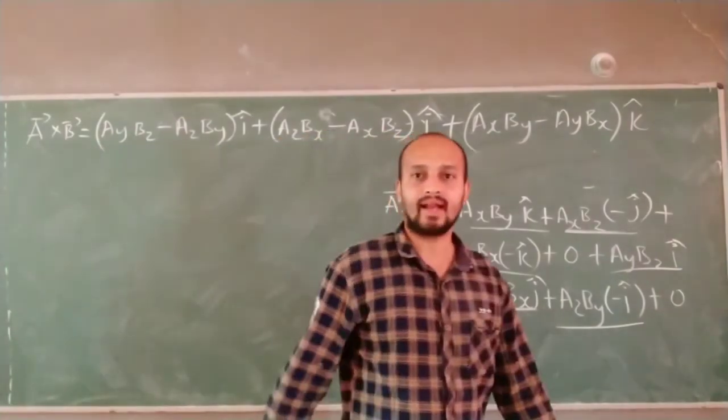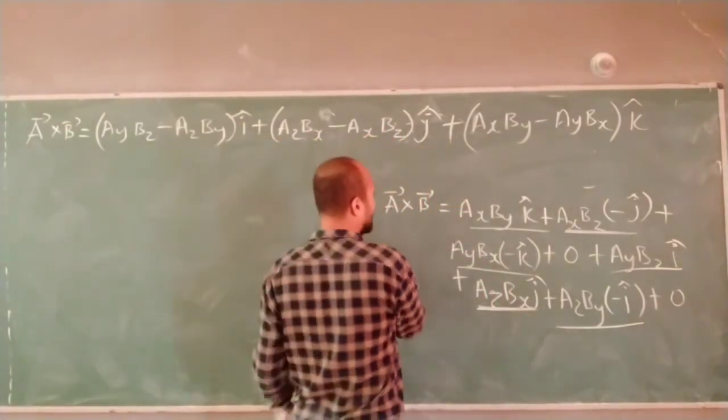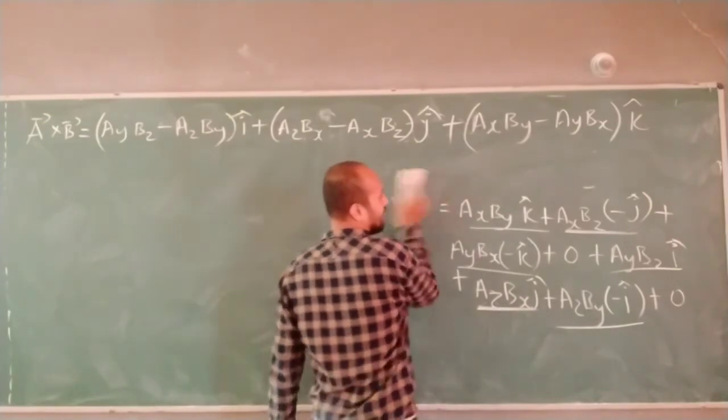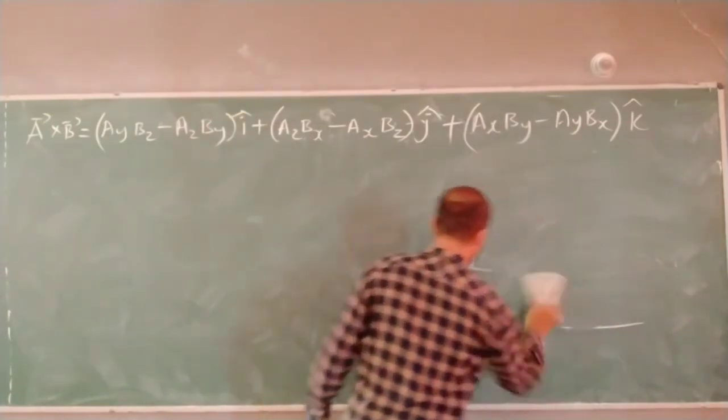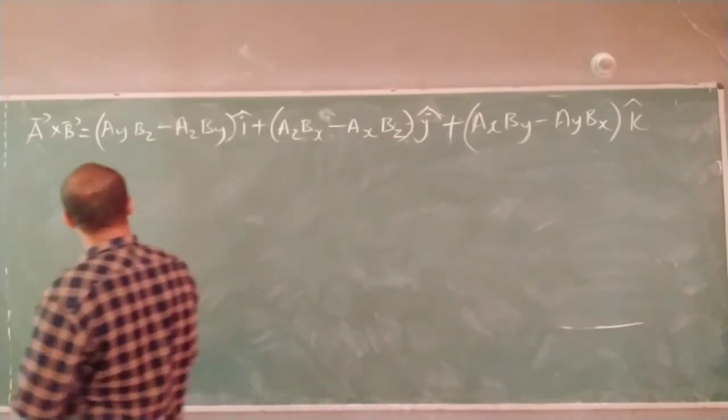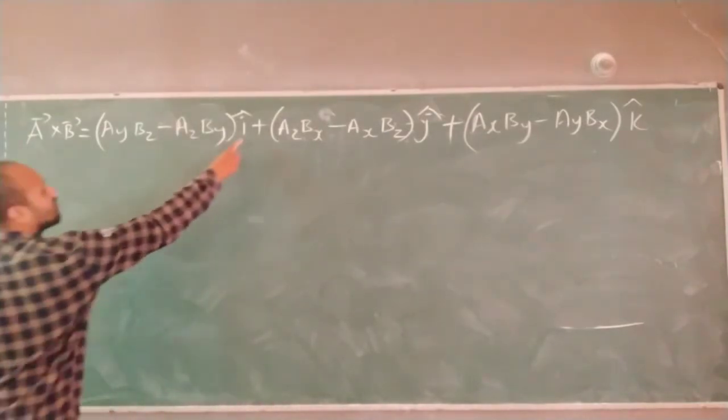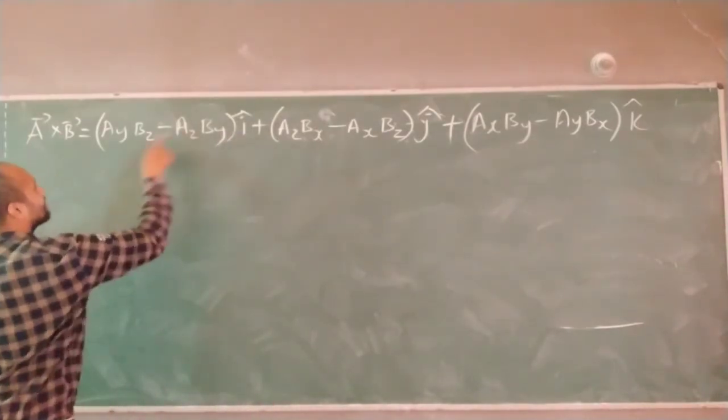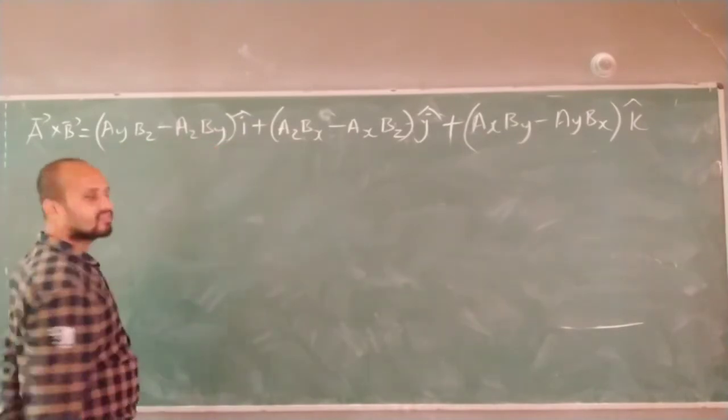What is that determinant? I can write this relation, correct now? See here, there is some symmetry. When x-axis is there, there is no term of x-axis, correct now?